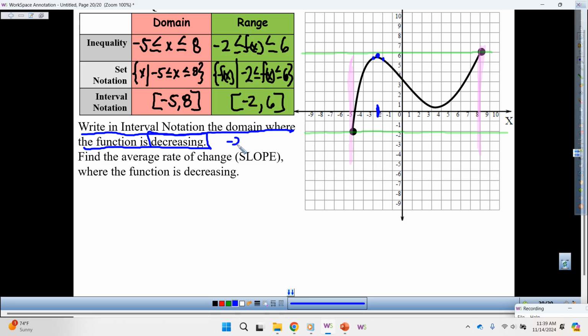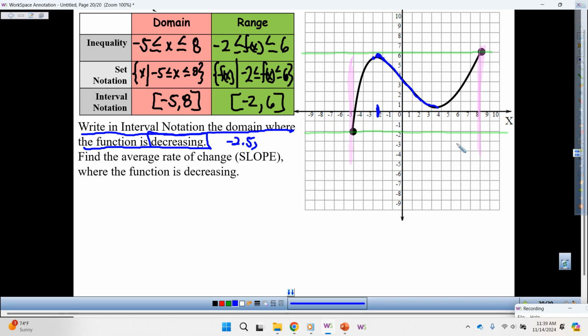So let's write -2.5, comma. It starts going downward, so watch this. Tell me where to stop. Right there. And what is that X value? Tell your neighbor. Looks like Mario's got it.